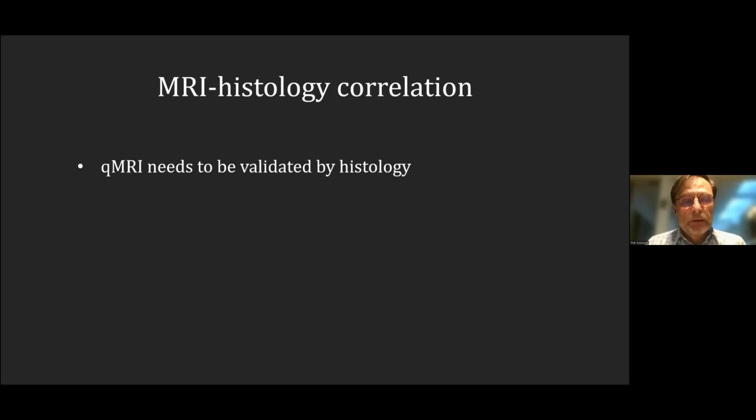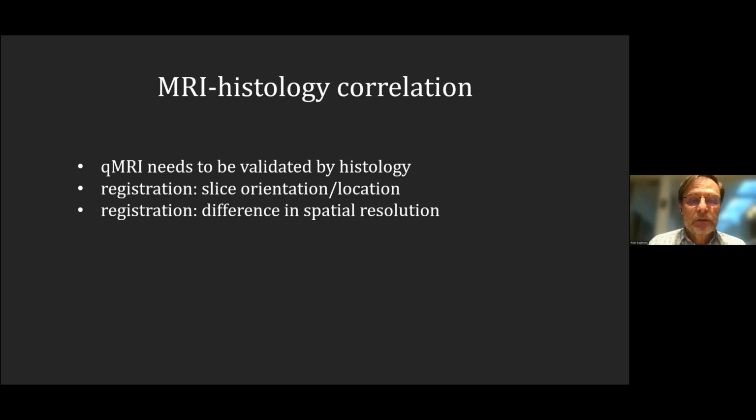So the registration between the MRI and the histology data can be an issue, both with regards to the slice orientation and the slice location. There's a very big difference in spatial resolution that may actually affect this correlation. And also the histology data are typically not very quantitative.